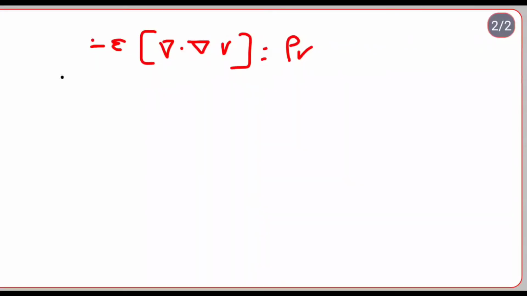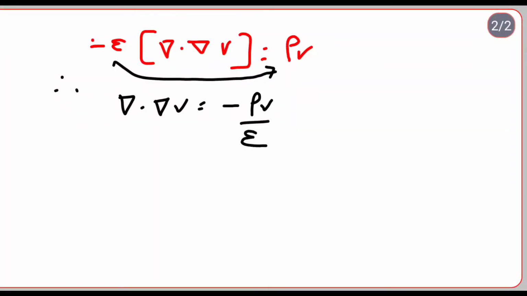Therefore, if we send epsilon to this side, what will happen? It becomes del dot del V equal to minus rho V by epsilon. Now the del dot del operation is called del square. Del dot del V is del square V, so we can write del square V equal to minus rho V by epsilon.